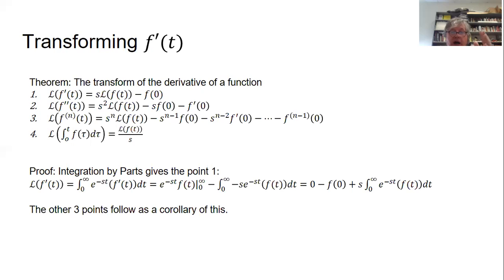So you're going to have minus the value evaluated at 0. That's where the minus f of 0 comes from. Then, by parts, we're multiplying by s, and that's why we get s times the Laplace transform of f.